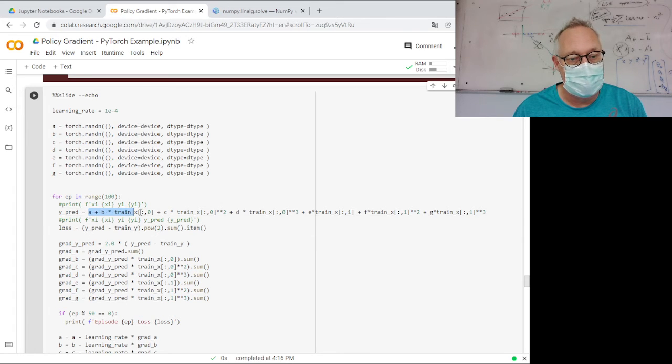So if I have a model, A, B, C, D, E, F, G, then the prediction of that model would be A plus B multiplied by the x values, multiplied by the x values squared, multiplied by the x values cubed. Oh, no, sorry. Train x, which is the x values, y, these are the y values.